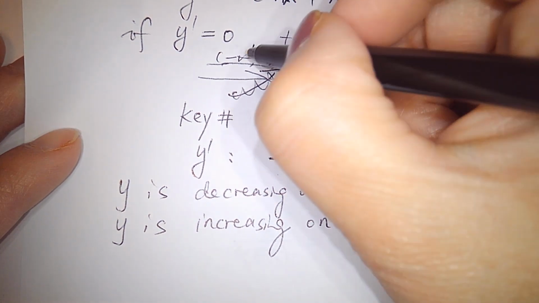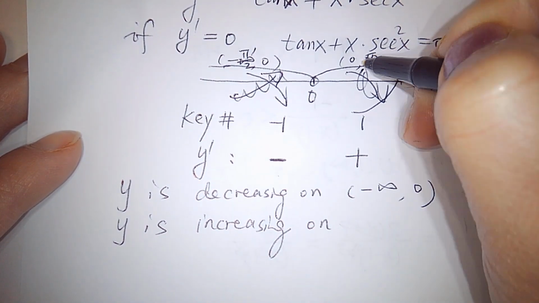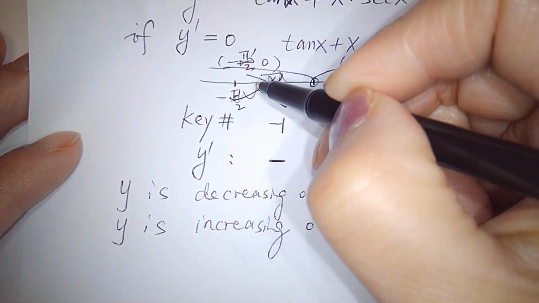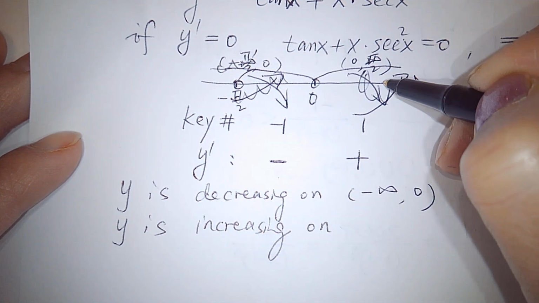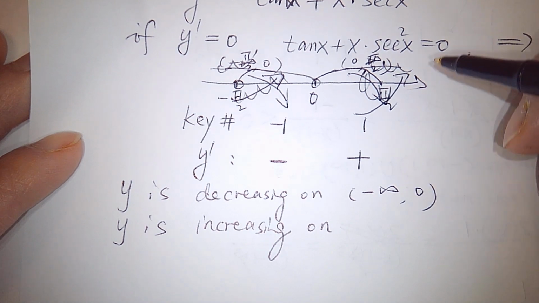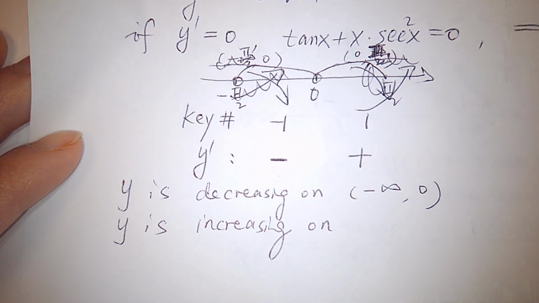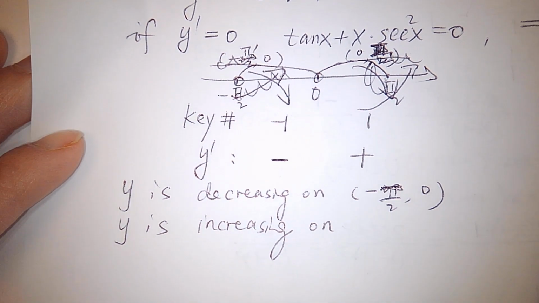Oh yeah, you're right, pi over 2. Sorry, my bad. So negative pi over 2 is here, so I would say this open interval, positive pi over 2. Thanks for reminding me about that.